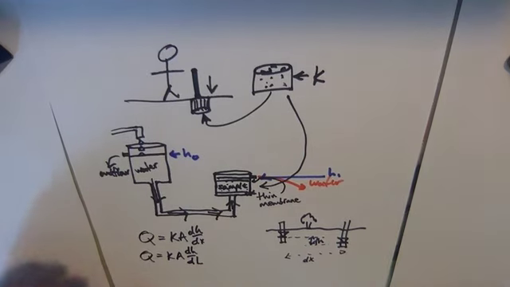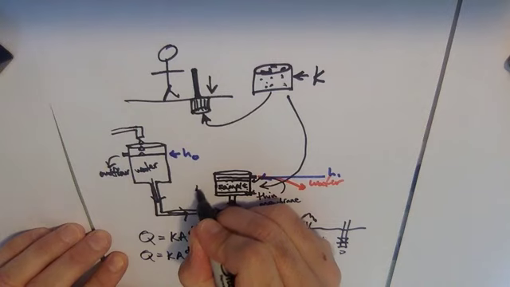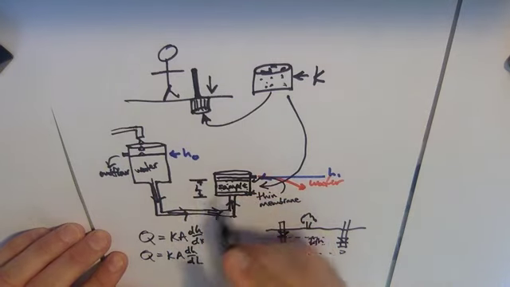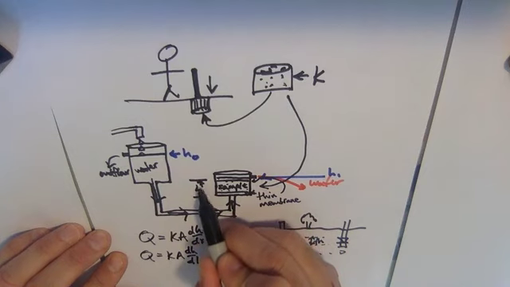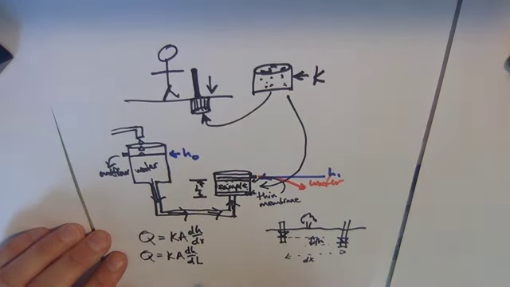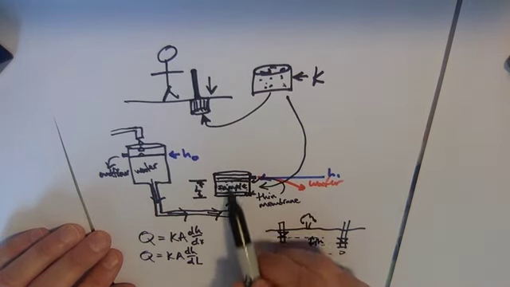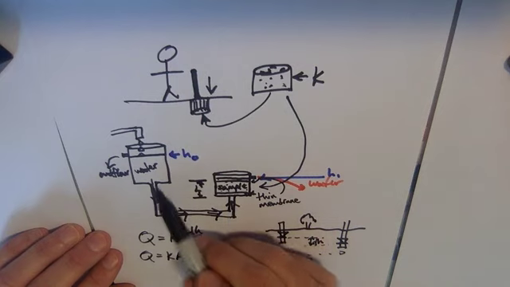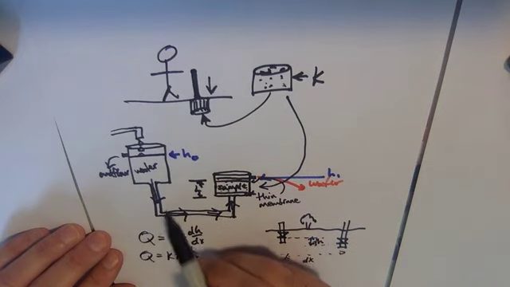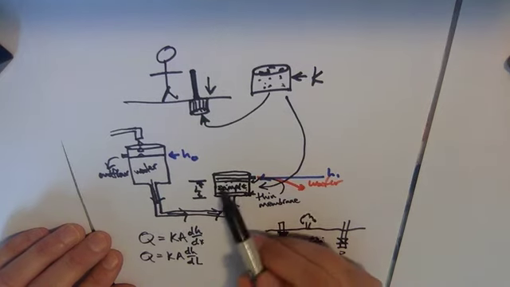So I'm going to redraw this diagram in just a minute. But this is L, basically the thickness of the sample here. That's the distance over which the hydraulic head is dropping. It's flowing through a tube here, so it's not meeting any resistance. But when it gets to the sample, that's where the hydraulic head drops.